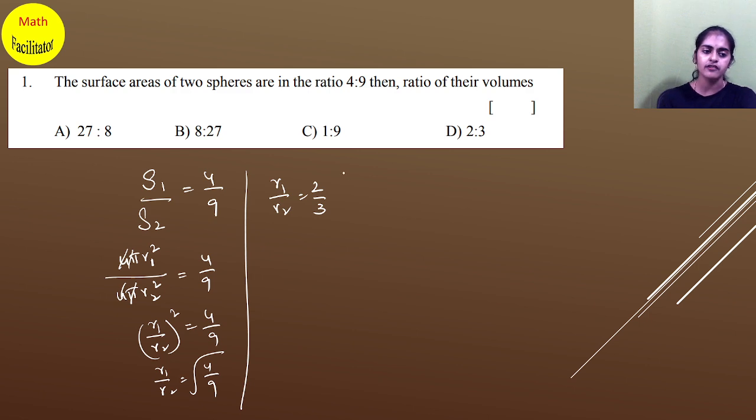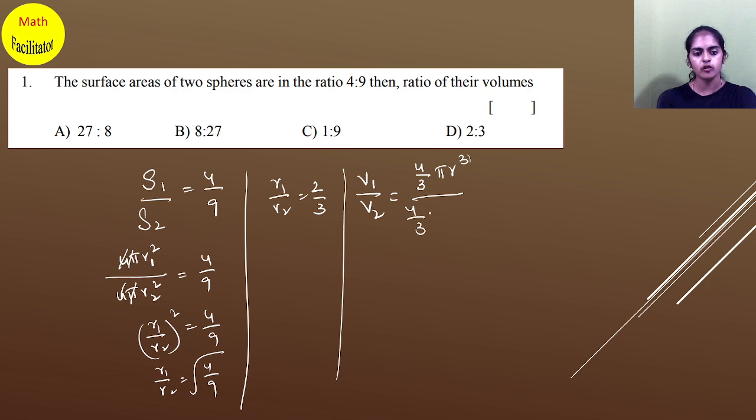Okay, now I have to find the ratio of the volumes of the sphere. So volume 1 by volume 2 I have to find. So volume of the sphere is 4 by 3 pi r cube. For volume it is r cube. For area it is r square. Divided by again 4 by 3 pi. Let me take this as r2 cube. For the first sphere I will take r1 cube. 4 by 3 pi, 4 by 3 pi cancel.